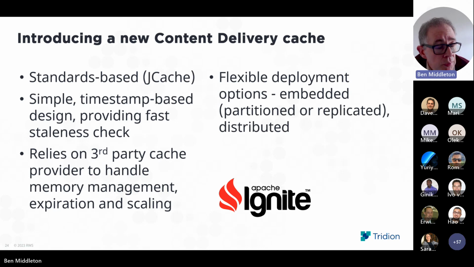So most important for us was that it was standards based. So that allows us, at some future stage, to choose to rewire this onto some other cache implementation. But for our release, we chose Apache Ignite, which is an open source Apache 2 licensed cache framework, amongst other things.